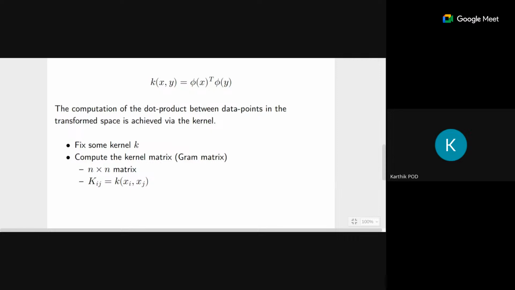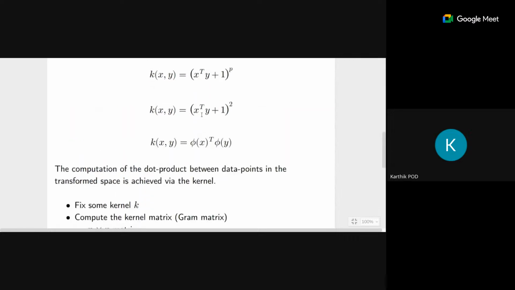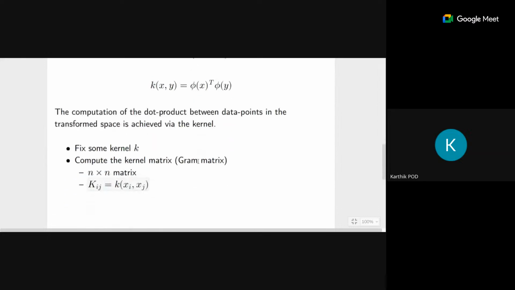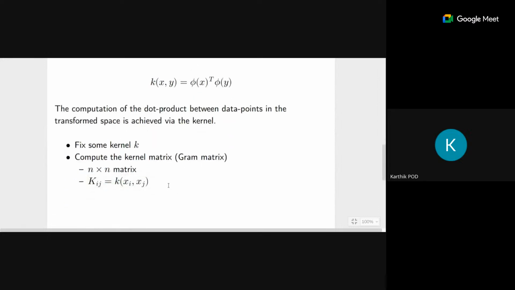For example, if it's a quadratic kernel like this, you take the dot product of the two data points, add 1 to it, and square it. So this will be an n cross n matrix.